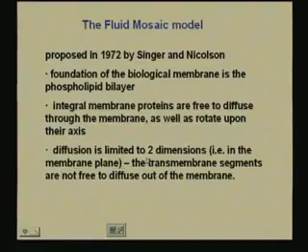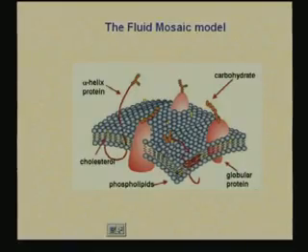So, it will have a constant favorable interaction. Then the diffusion that you have is limited to 2 dimensions. The transmembrane segments do not flip flop, they remain as they are once they are embedded. So, we have something that looks like this. This is our fluid mosaic model.